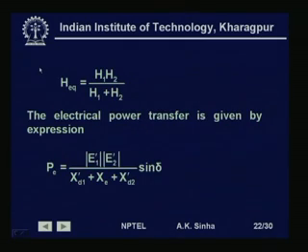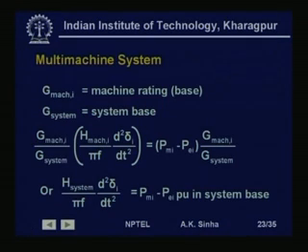H Eq we have got as H1 H2 by H1 plus H2, and the electrical power transfer in this case will be given by E V by xt, where E is the machine 1 internal voltage E1', and V is the second machine internal voltage, E2', divided by xt, which is xd1' plus xe plus xd2', into sin δ. We have seen how we can convert a two machine system into a single machine system.